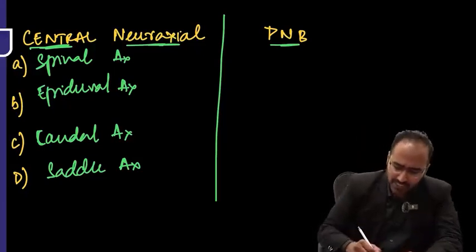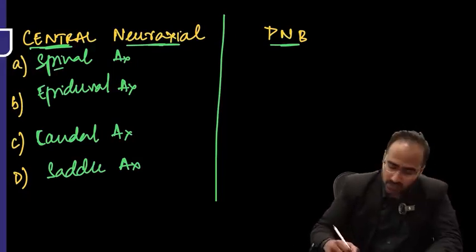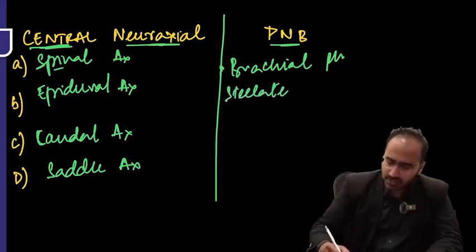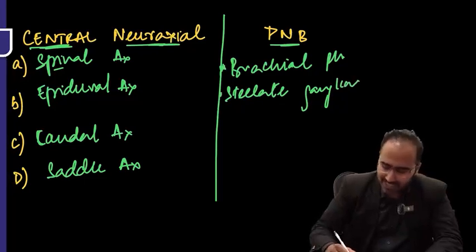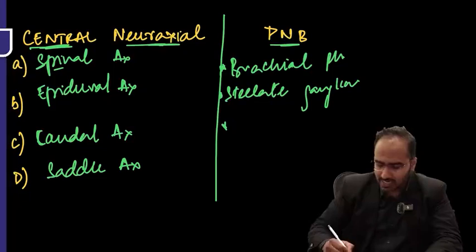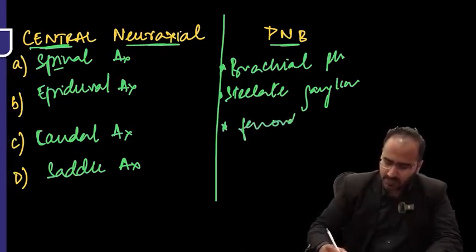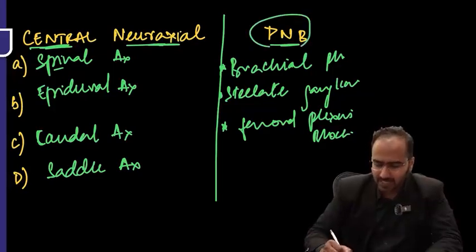Central neuraxial block consists of these four things, whereas peripheral nerve block consists of brachial plexus block, stellate ganglion block, and femoral plexus block.